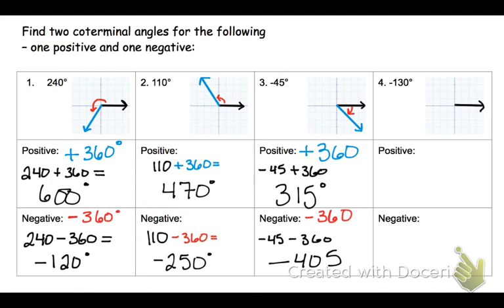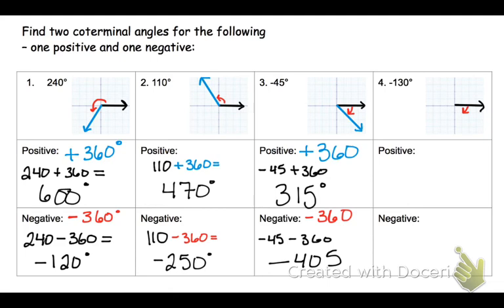So we're going to go like quadrant 4, and then 3, and then 2, and then 1. We're going to head in a downward direction first. Negative 130 degrees would not be in the 4th quadrant. I would need to pass negative 90 degrees, but it's less than negative 180 degrees.